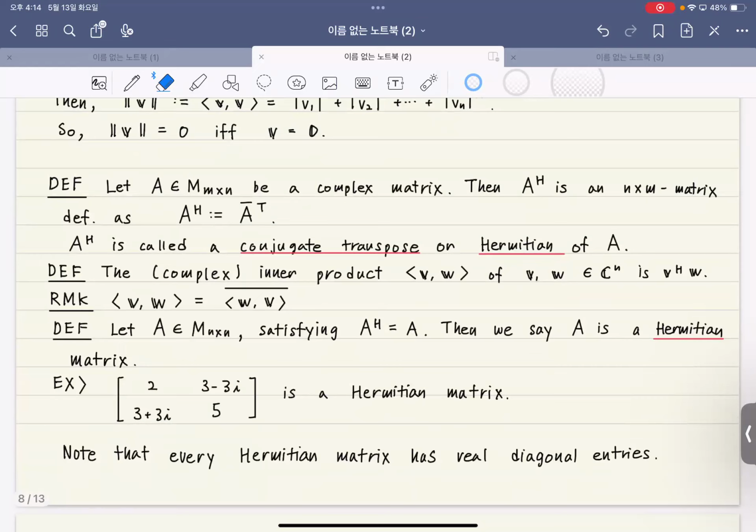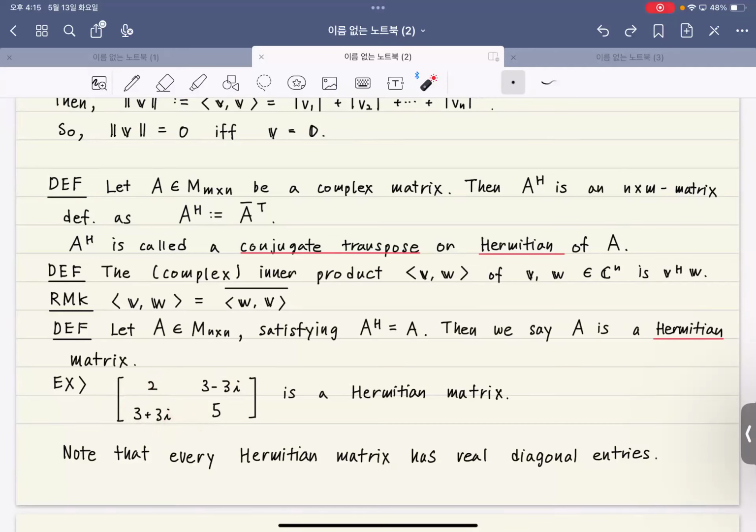I just prepared a tiny toy example of a Hermitian matrix, and this is a Hermitian matrix. Just try to take the conjugate and transpose, but it doesn't change anything.